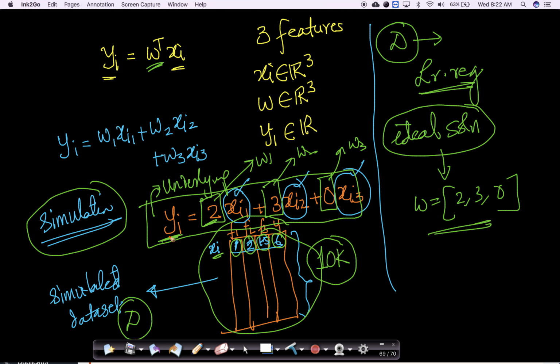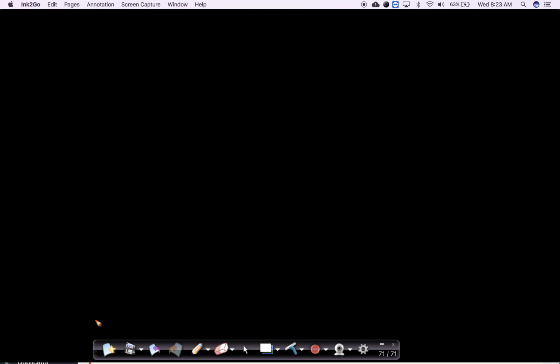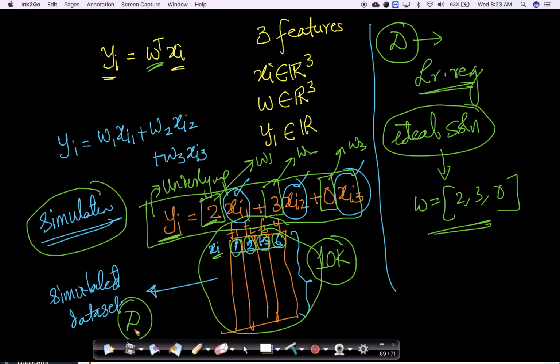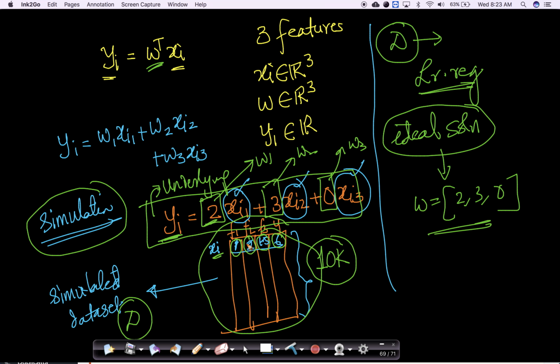Similarly, in the simulated data also, you have your yi, which is 2 times xi1 plus 3 times xi2 plus 0 times xi3. In a non-real world, we would just generate data by plugging in some random values of feature 1, feature 2, feature 3 and obtaining yi.